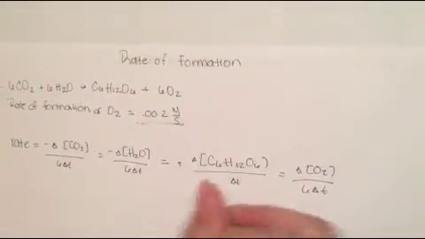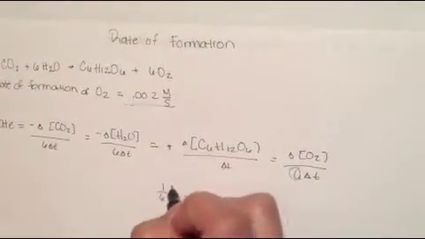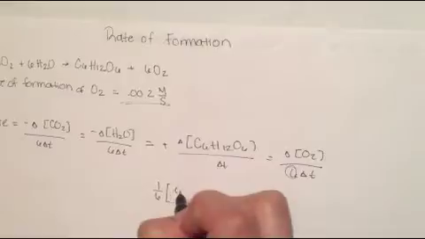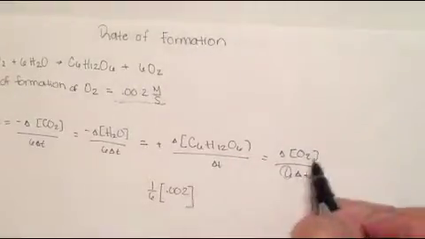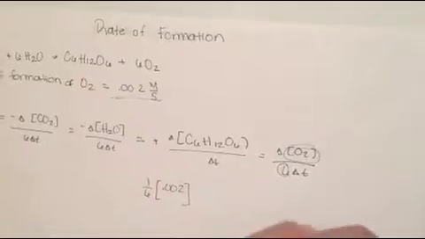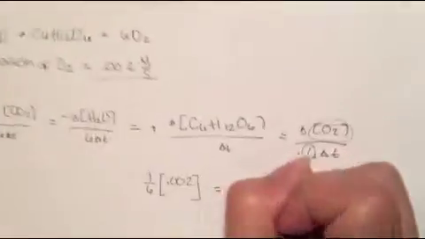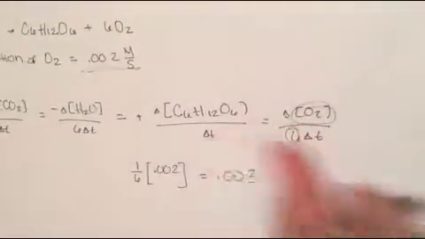You can go ahead and separate your 1/6 and put 0.002 because they're already giving you the rate of formation of O2. So when you solve for that, you get 0.003.